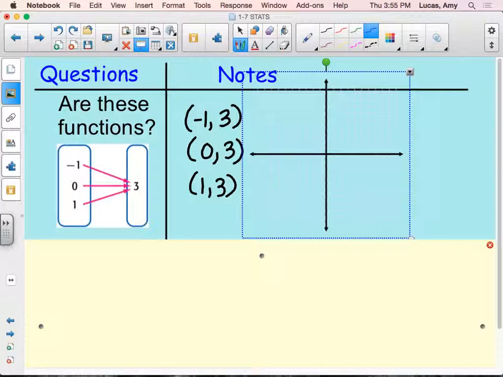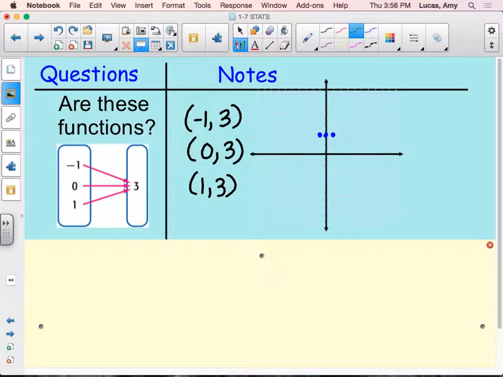Because on this one, we've got -1, 3 up here, 0, 3, 1, 3. Okay, so I just wanted to make sure. Perfect. Passes the vertical line test. So if we have a repeating number like this, 3, in the range, that doesn't matter.